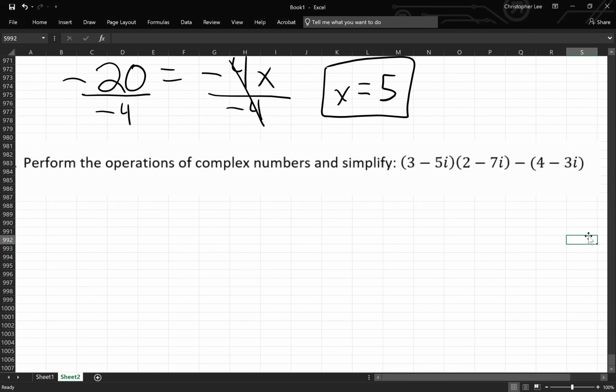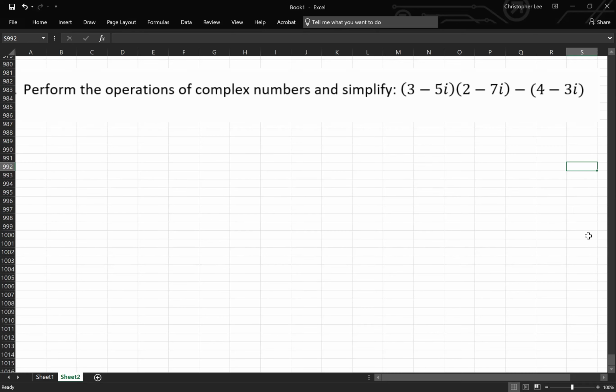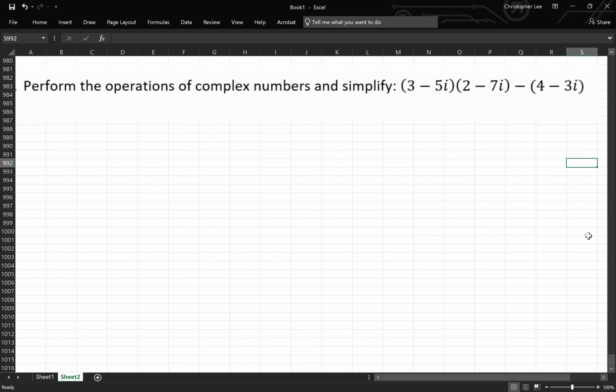So I got 3 minus 5i times 2 minus 7i, minus 4 minus 3i. To me, this question is really, really complicated, right? What we have to do is distribute twice, and then combine like terms, right? So let's take a look at that. It's gonna be a little challenging.